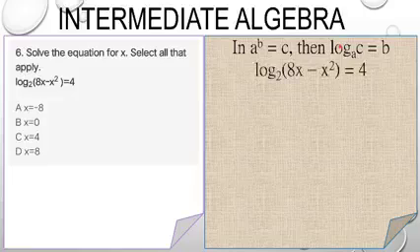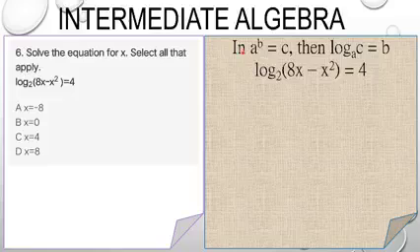Let's go back to the problem. What is given is the log of 8x minus x squared to the base 2 is equal to 4. So, again, our a here is 2, our c is 8x minus x squared, and our b is 4. So, to solve for the value of x, we will convert it into exponential notation.